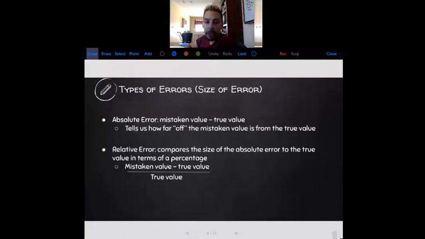Again, we just discussed these. The absolute error can be calculated as the mistaken value minus the true value. We talked about absolute change and relative change before. Now we're discussing it in terms of error. When we want to find the absolute error, we always take the true value and subtract it from the value they thought it was. This gives us the absolute error.